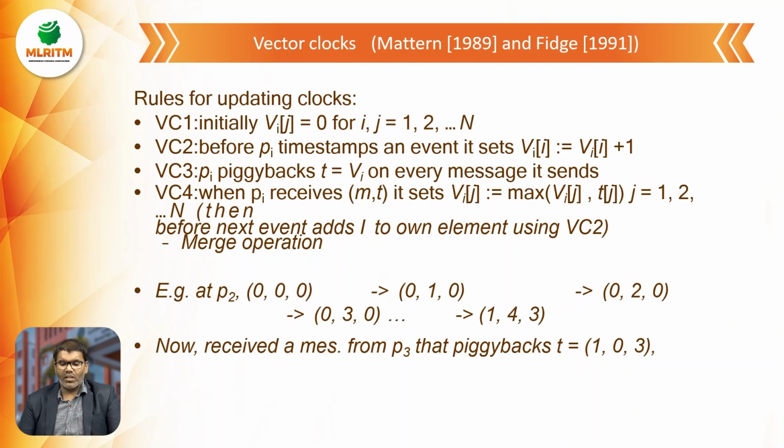Next, the vector clock by Mattern 1989 and Fidge 1991. In the vector clock, we have some rules to update the clock. The first rule is vector clock 1 (VC1).